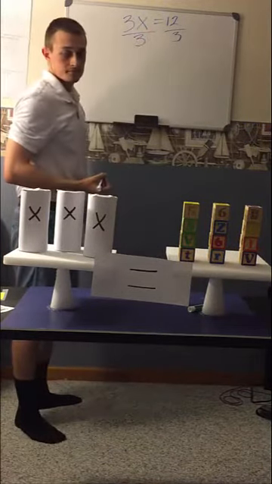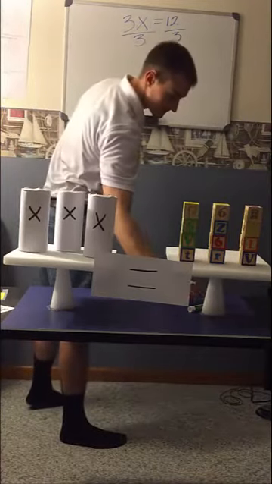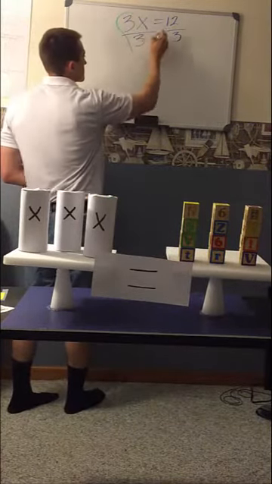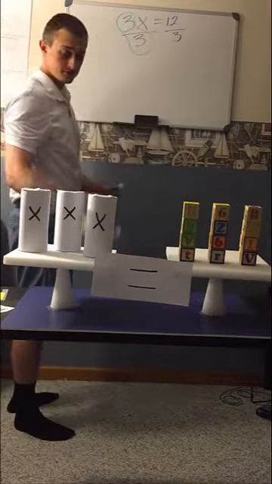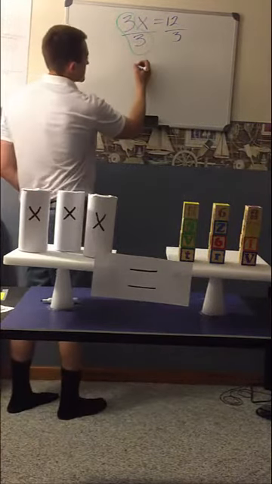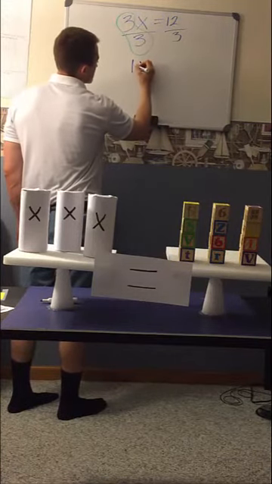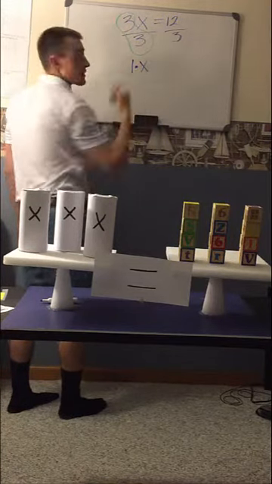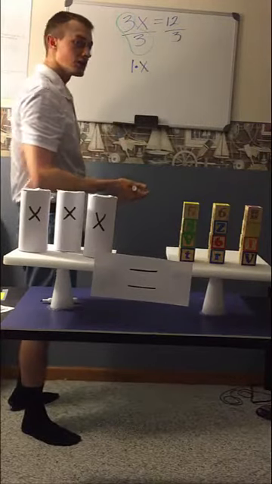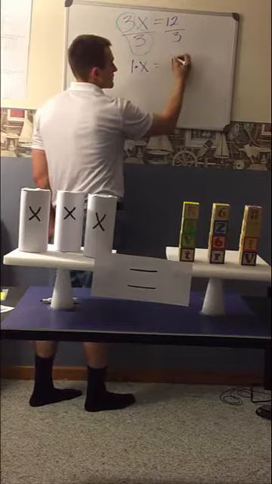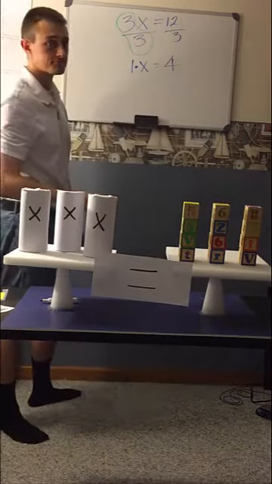Okay. And just like before, 3 divided by 3 is equal to 1. So I know that this actually equals 1x. And 12 divided by 3, unlike last time where I had x equal to 5, 12 divided by 3 is equal to 4.